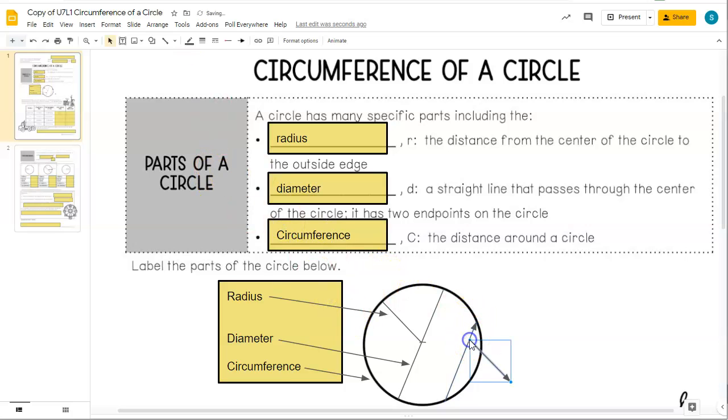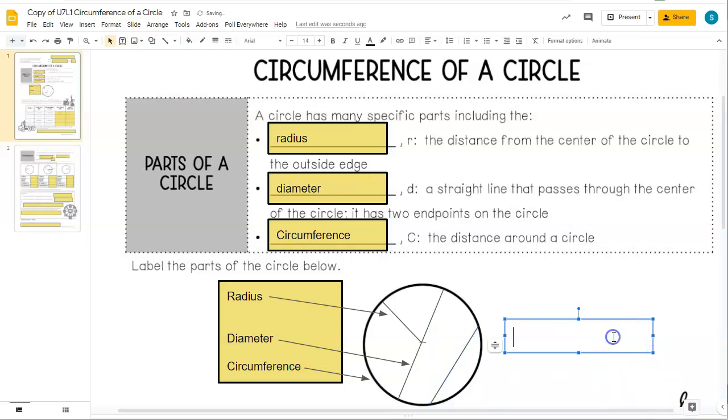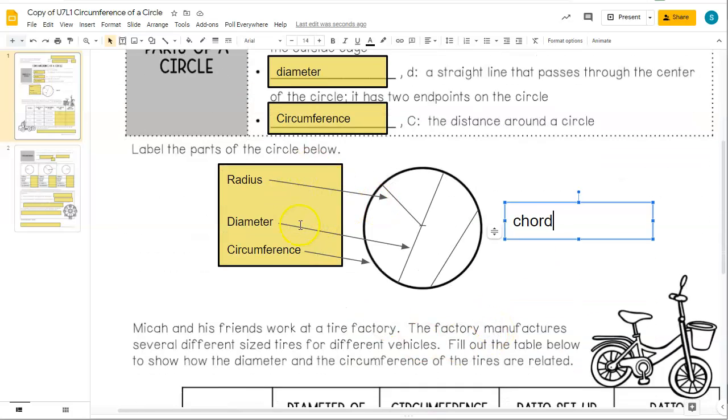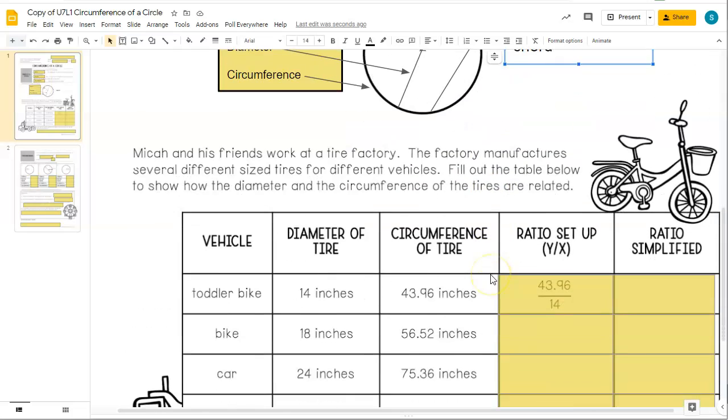We'll just select this one, delete it, make sure we're set on the line tool, and this, like I said, is a chord. Now there are other interesting ones called secants and tangents and other shapes, but the ones we are focused on are the radius, the diameter, the circumference, and the chord.